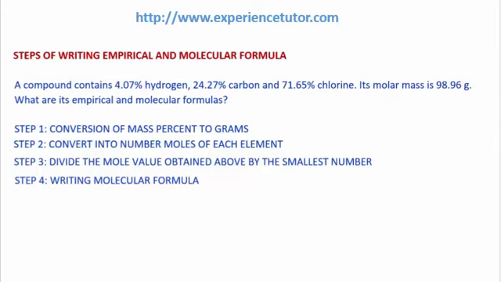Step 1: conversion of mass percent to gram. Step 2: convert into number of moles of each element. Step 3: divide the mole value obtained above by the smallest number. Fourth, writing the molecular formula.